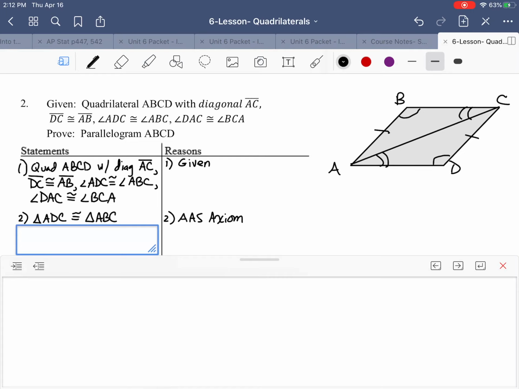So there's a bunch of ways to prove a quadrilateral is a parallelogram. We could prove that the opposite sides are parallel. We could prove that, well, if we prove it's a rectangle, then it's a parallelogram, but there's really not enough there to show that this is a rectangle because if something is a rectangle, then it has to already be a parallelogram.